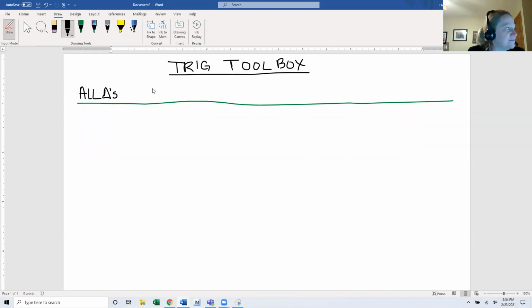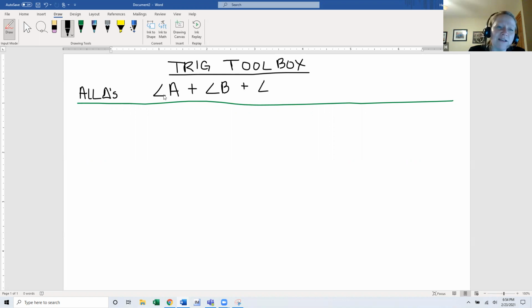Any triangle: isosceles, equilateral, scalene, right triangles, which is mostly what we're going to talk about. And all it is, if we label the angles, there are 3 angles in every triangle, and I'm going to label them angle A, angle B, and angle C.